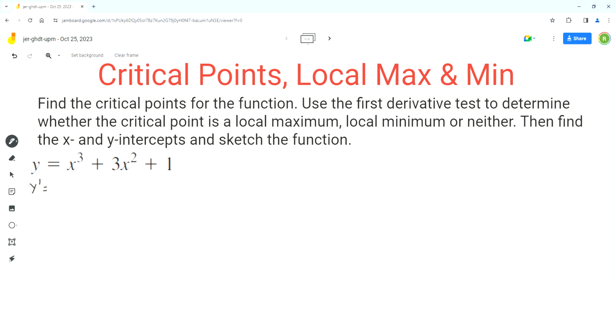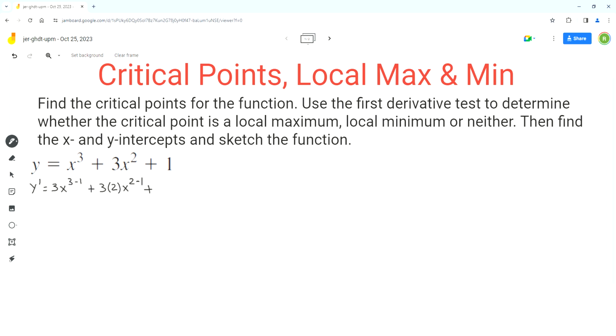As per the power rule, the derivative of x cubed is 3x, where we move the exponent to the front of the term and then subtract 1 from 3, and then plus. In the second term, 3 is the coefficient, so it stays as it is, and then we move the exponent 2 to the front as per the power rule, and then we subtract 1 from 2, and then plus.